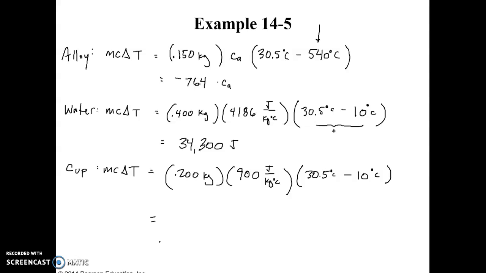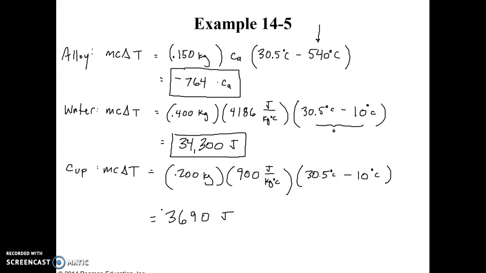And the amount of energy it gained from the transfer of heat was 3,690 joules. So what we have here is we have this system where the alloy lost this much heat, but it didn't just disappear. It went into the water and into the calorimeter cup. So it's going from here into these two locations.